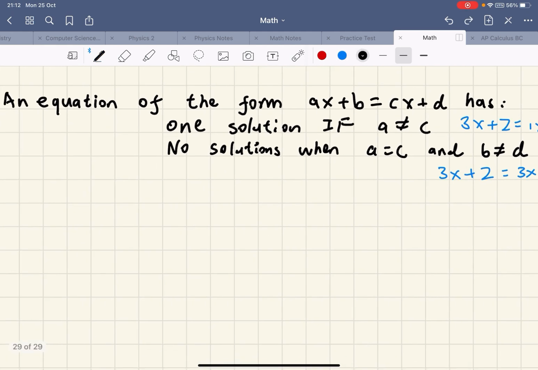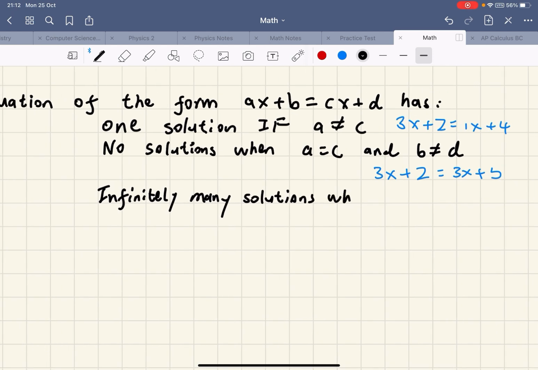An equation of the form ax plus b equals cx plus d has infinitely many solutions when a equals c and b equals d. So in this case, it will be 3x plus 2 equals 3x plus 2.